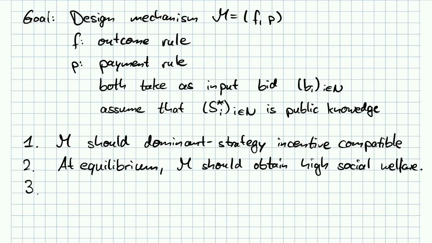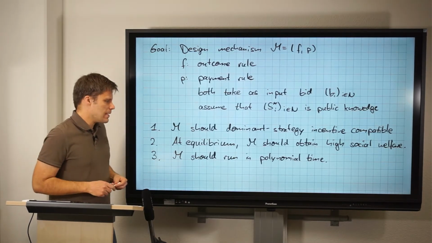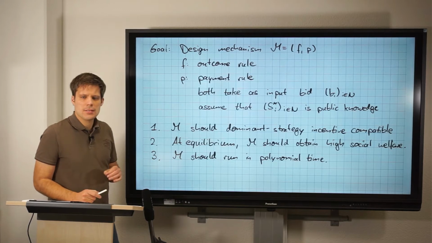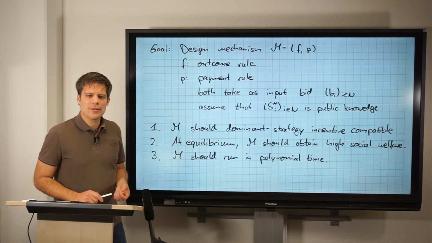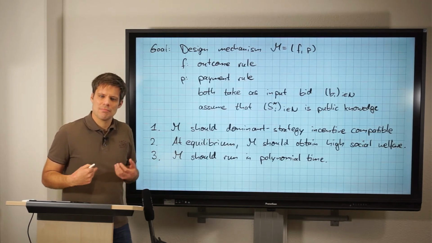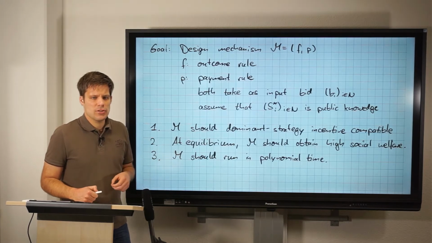And also, the mechanism should run in polynomial time. Or more precisely, we want this mechanism to run as fast as possible, and something that we've kind of agreed on in computer science is that polynomial time is fast, not polynomial time is slow.